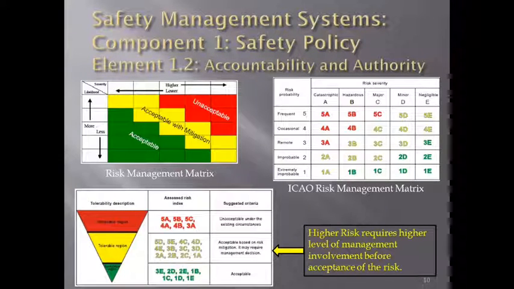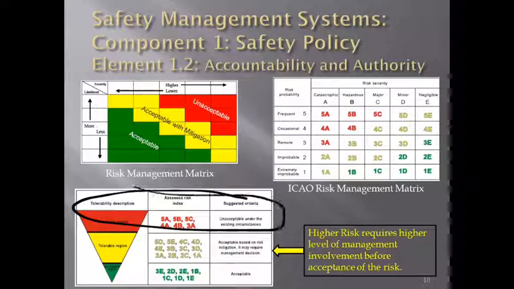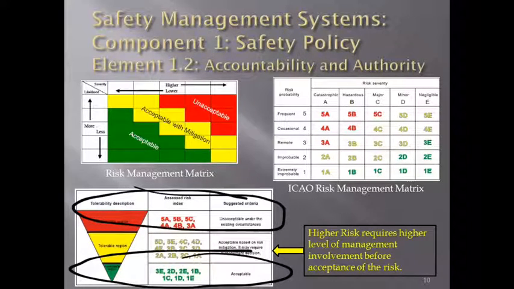So for high-level risk, what you're hoping to find, or what you need in your processes in your safety policy, is that a high level of management is needed to be involved to accept or to deny the mission. Low level of risk, you don't need to involve those high level managers for that. We're going to get into how to determine what is acceptable with mitigation or acceptable risk.